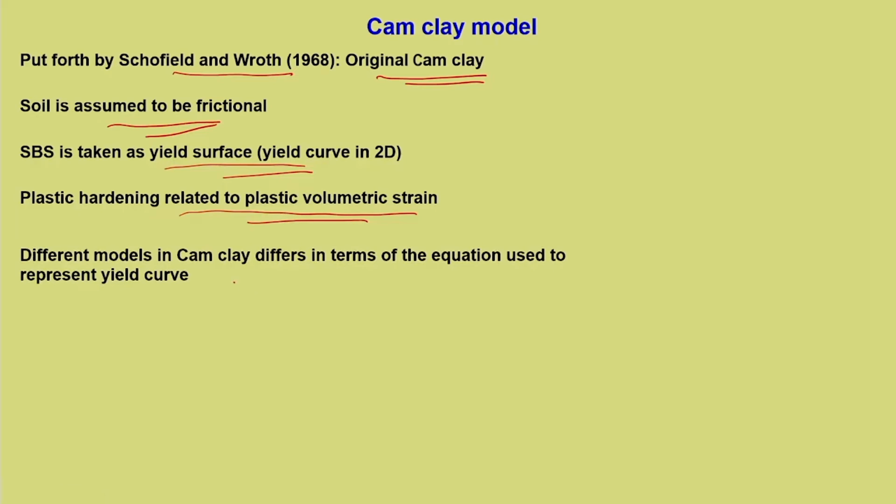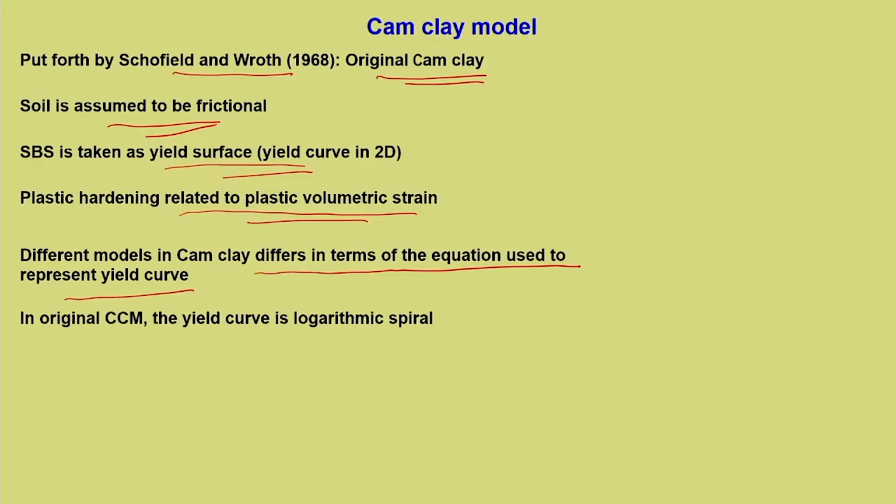Different models in the Cam-Clay family differ in terms of the equation used to represent the yield curve. So basically the difference between the Cam-Clay models in the same family is the kind of yield curve that is used. Otherwise, the critical state concepts that we use in all these models are pretty much the same.